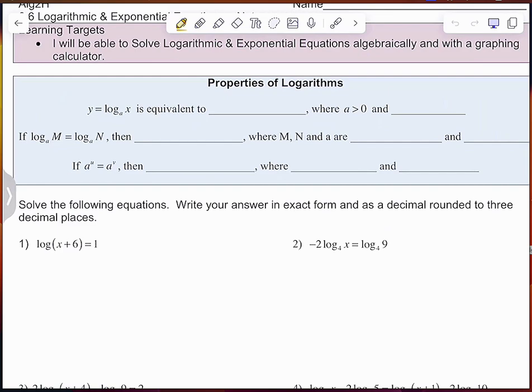All right, so what are the rules for our bases when we are looking at exponentials? What are the rules for the base when we're looking at exponential functions?